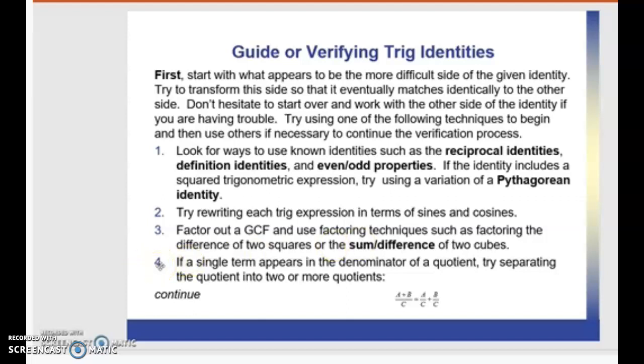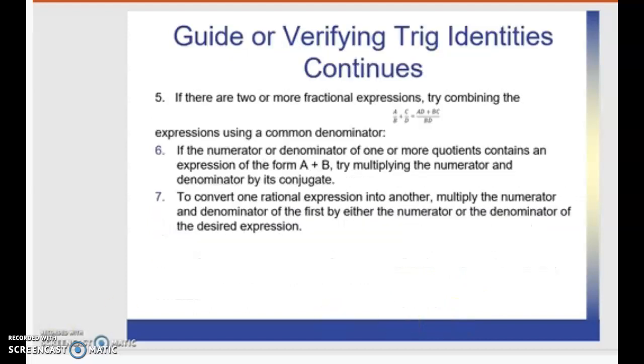Technique 4. If a single term appears in the denominator of a quotient, so just one term in the denominator of a quotient, try separating that quotient into two or more quotients. And you see that symbolized here. Technique 5. If there are two or more fractional expressions, try combining the expressions using a common denominator. And of course, that is symbolized here.